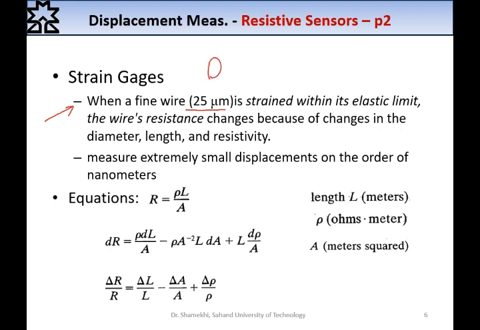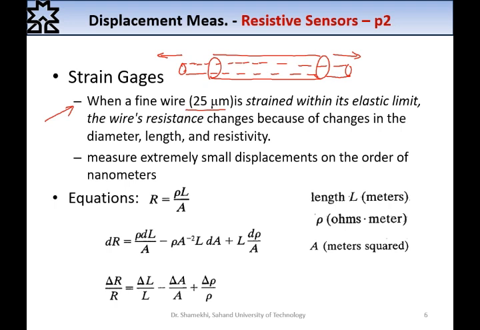We have a wire, for example, here you can see, and if we strain this wire, the volume of this wire will be constant. But because of this new shape of the wire, the diameter of the wire will be reduced and the length will be increased.